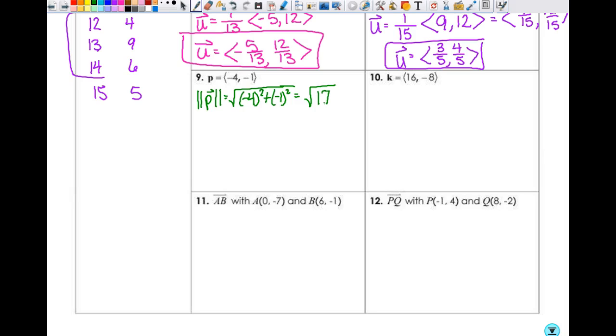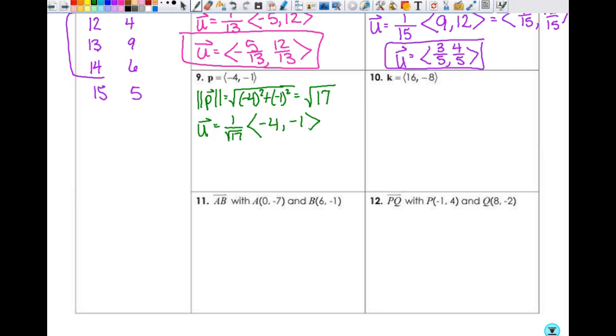And then once we've got that, we need to plug it in. So our unit vector is equal to 1 over the square root of 17. I'm going to multiply that times -4, -1.